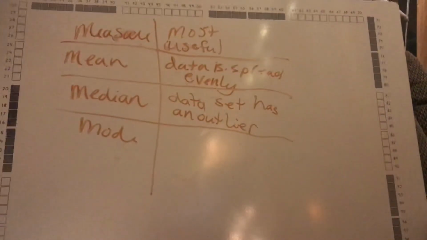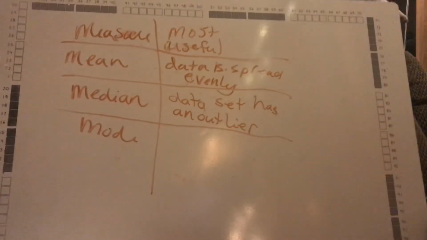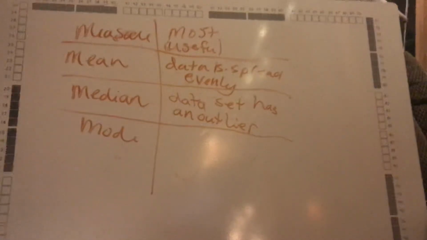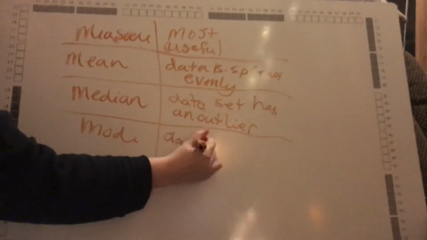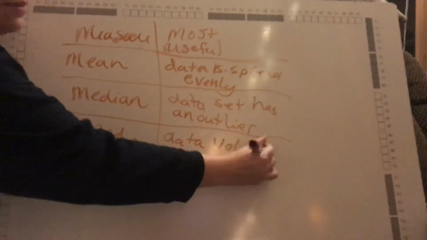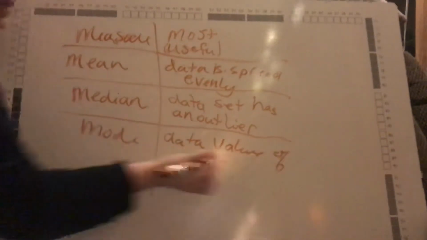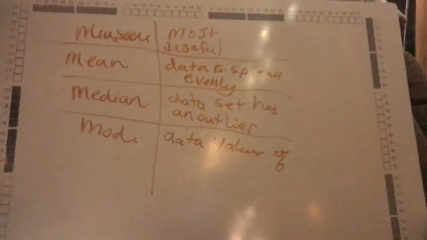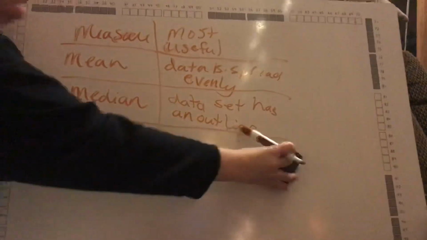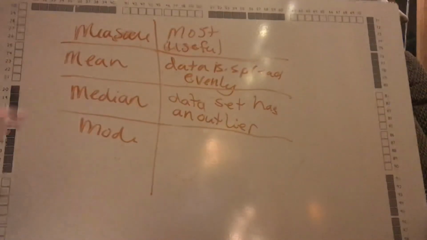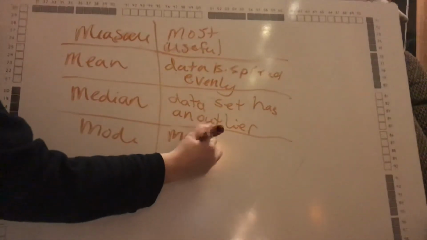And then mode is important when many data points of one value are important, like an election result. Sorry, I was reading the wrong thing.